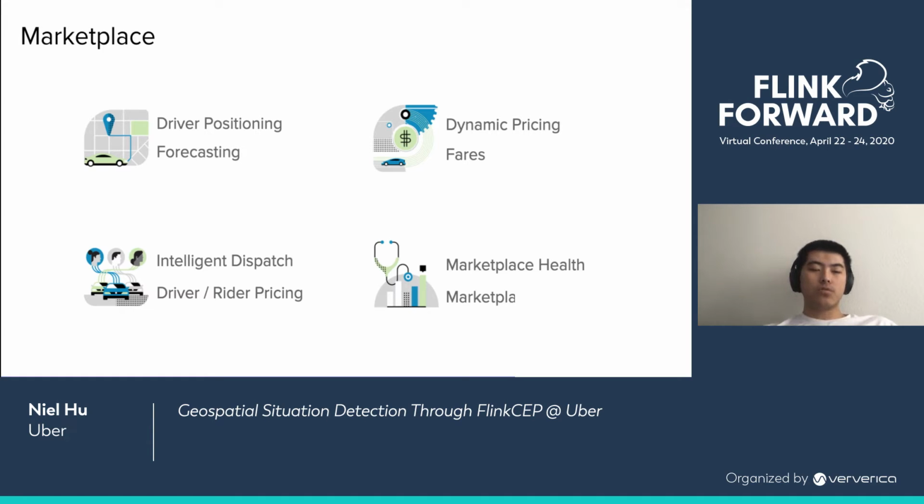The matching between riders and drivers, couriers and eaters is powered by the intelligent dispatch platform. We also have driver and rider pricing, marketplace health, and the marketplace platform, which builds the infrastructure that supports all of the functionality above, and provides real-time high-fidelity data and metrics to surface real-time dashboards.